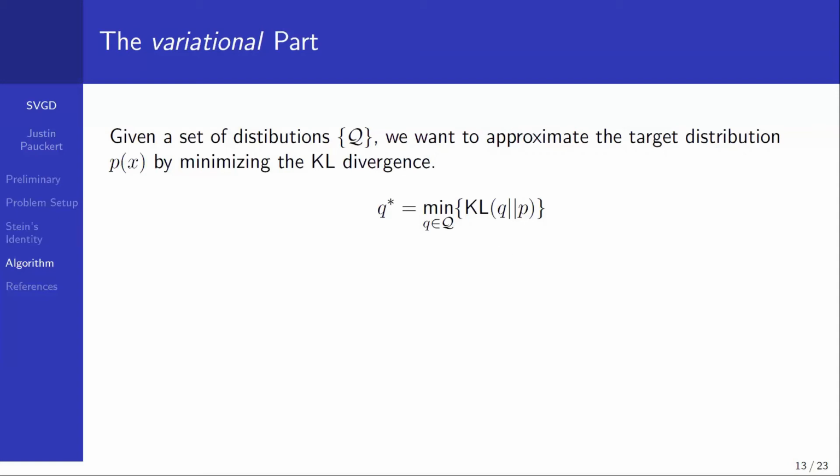You know, the big question obviously is, what set of distributions should we choose, right? If it's too big, it's going to be hard to find an actual solution and to find this minimum. But if it's a set that is too small, we might not end up with a good approximation.